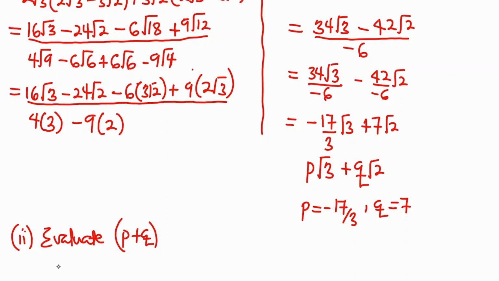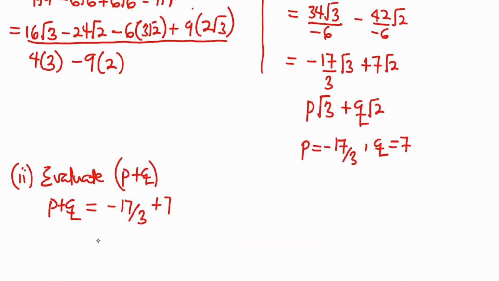So here it means that our p plus q now is equal to minus 17 on 3, and then we have plus 7. So it implies minus 17 on 3 plus 7 gives us 4 on 3. So therefore our p plus q value here is equal to 4 on 3.